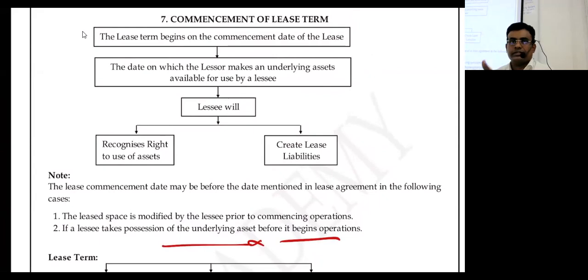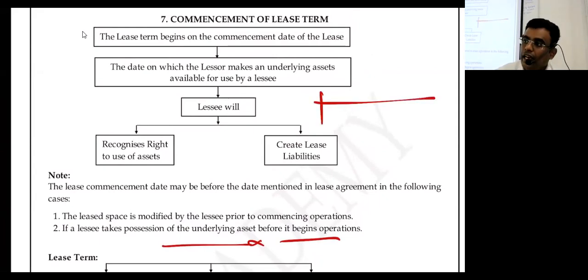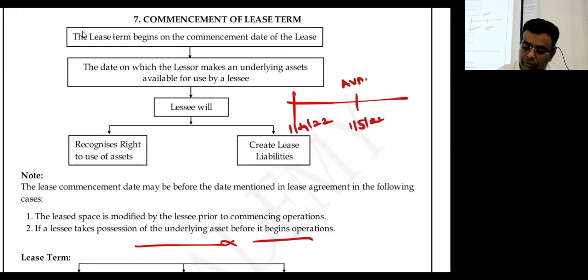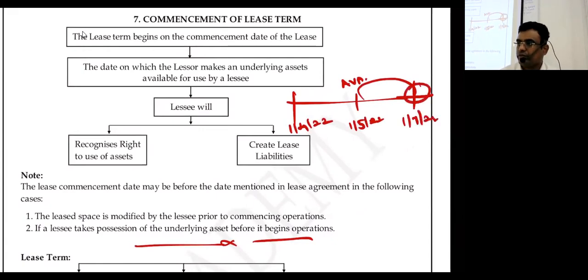Next, yes or no? I went to see one building; on 14/2/22 the agreement is made. I said that I will occupy the building on 15/2/22, when it is available for use. I am doing all this interior work, and on 17/2/22 I'm going to use it.